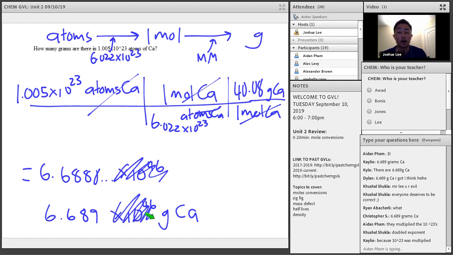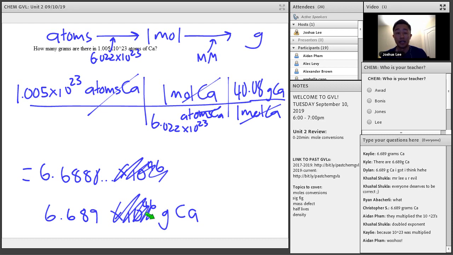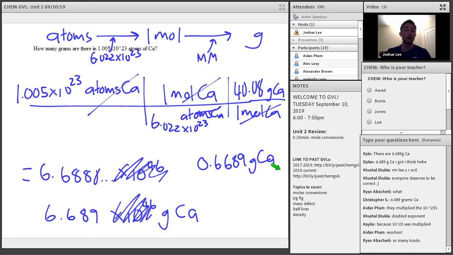If you were off by a factor of 10, meaning you might have gotten something like 0.6689 grams of calcium. So I've been teaching a while, so I see some common mistakes that some students will make. This part is when you put it in your calculator.